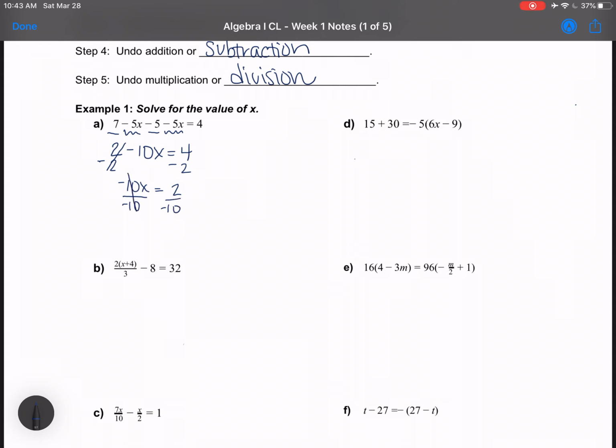Here, make sure you're being careful. If you need to, check in the calculator. 2 divided by negative 10 is going to give us a fraction, so we're going to reduce that by 2. So we're left with negative 1/5. If you plugged it in your calculator and you get a decimal, you would get negative 0.2.